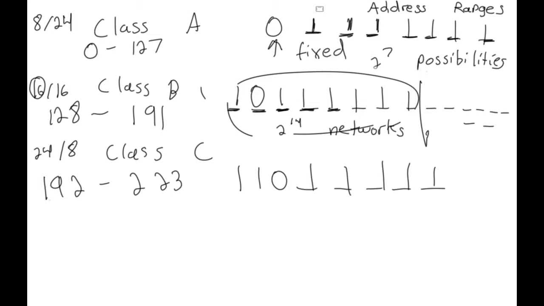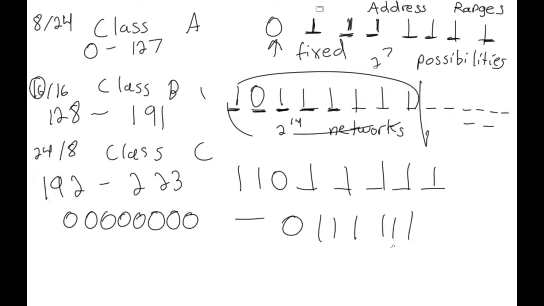Now class A goes from 8 zeros all the way to 0 and then 7 ones. So that's A. And then we know that B goes from 16 zeros because it's 16 and 16. So this is, like I said, 0 to 127.